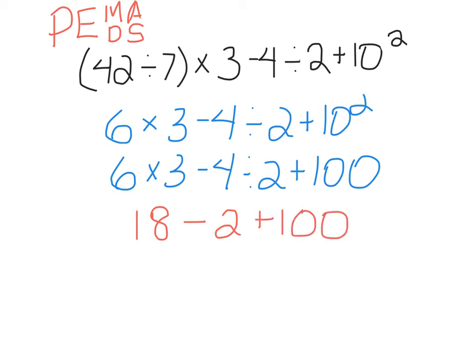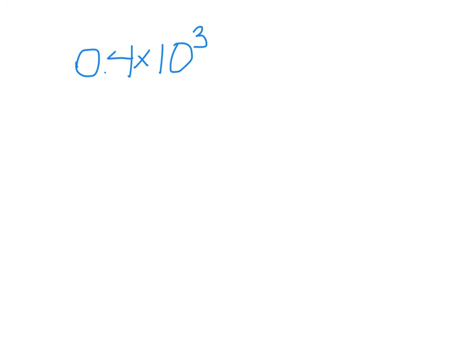Now all that's left is to add and subtract, and we just do that going from left to right. So now we're going to start with 18 minus 2, which equals 16, plus 100. 16 plus 100 equals 116. Here's a shorter example to look at. We have 4/10 times 10 cubed.